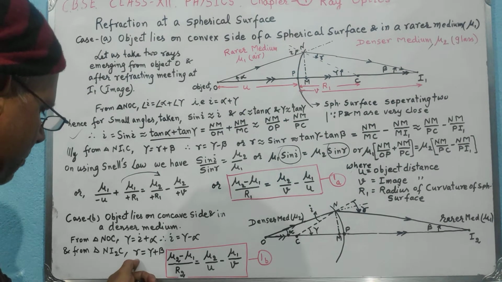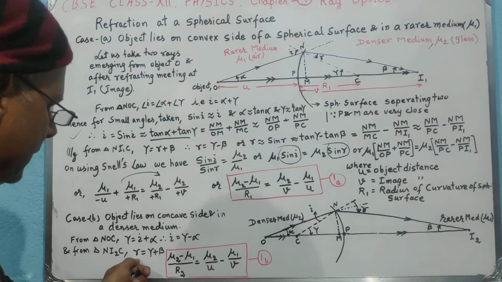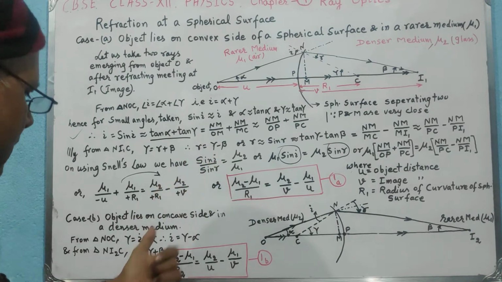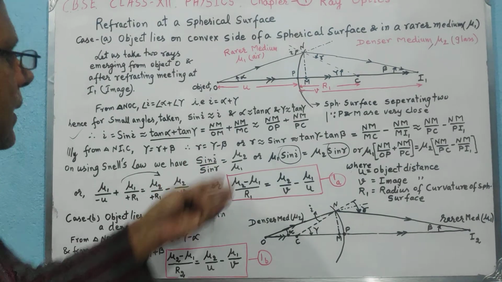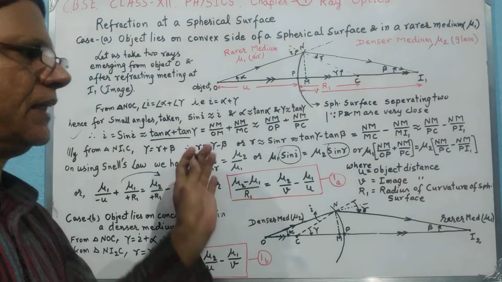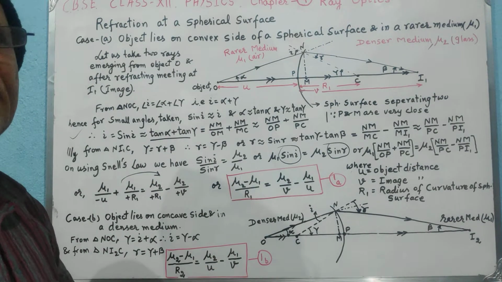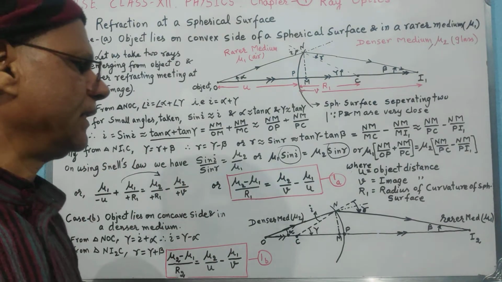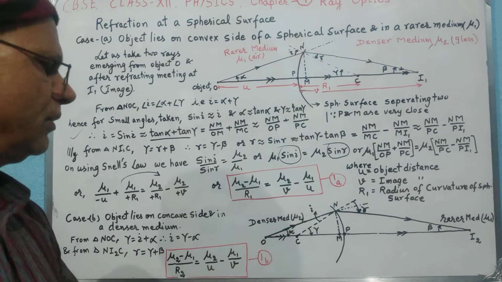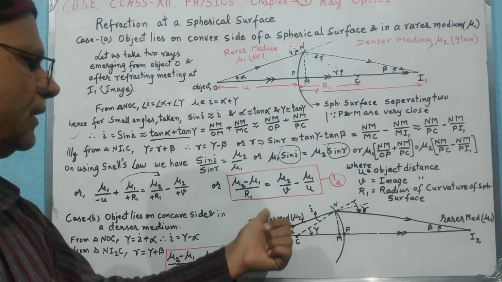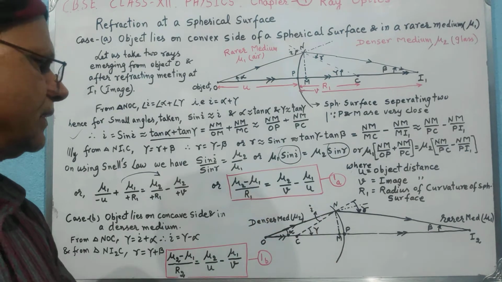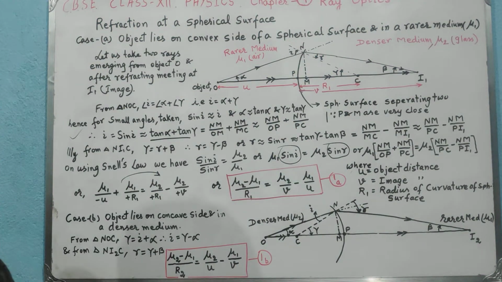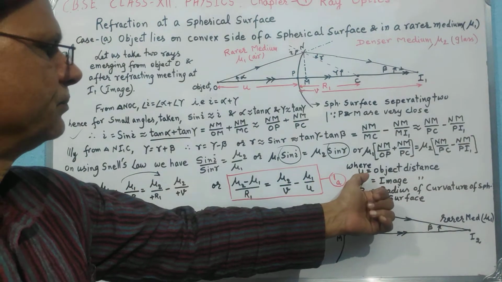So again we got the expression for angle of refraction, and then we will deal with the expressions for angle of incidence and angle of refraction in the same fashion as above, applying the sign convention and Snell's law. The difference is that here we have to apply sign convention, which gives different signs to different measurements.